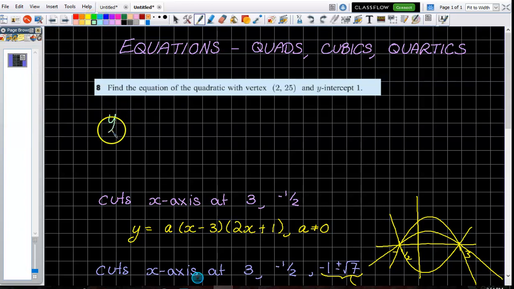So, do you or do you not remember? When it's in this form, your vertex is h, k.